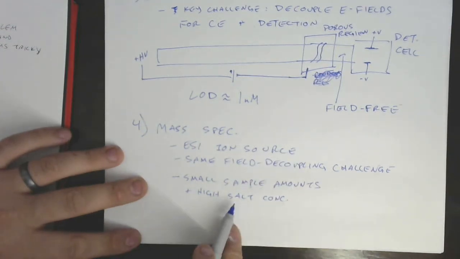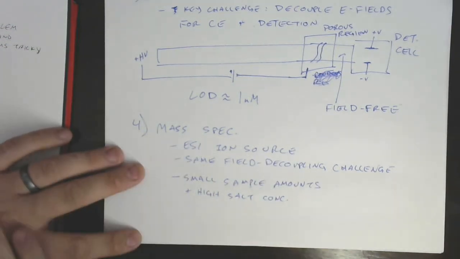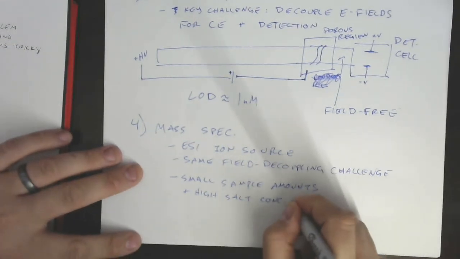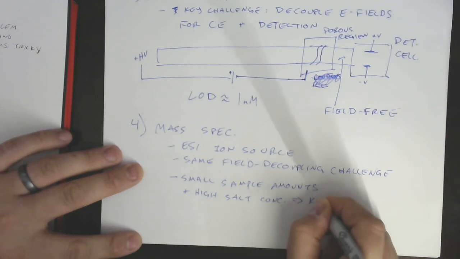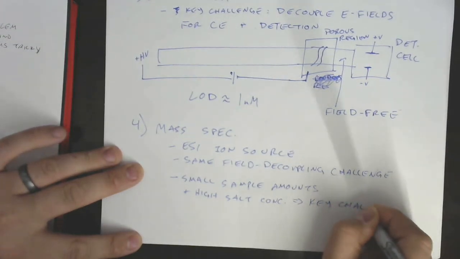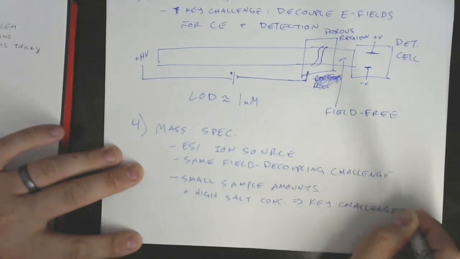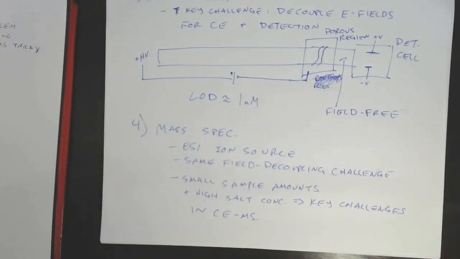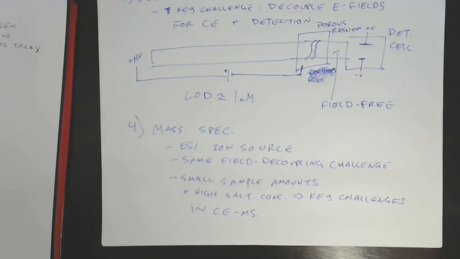And high salt concentrations really interfere with ionization by ESI. So small sample amounts, high salt concentrations, these are the key challenges in CE mass spec.